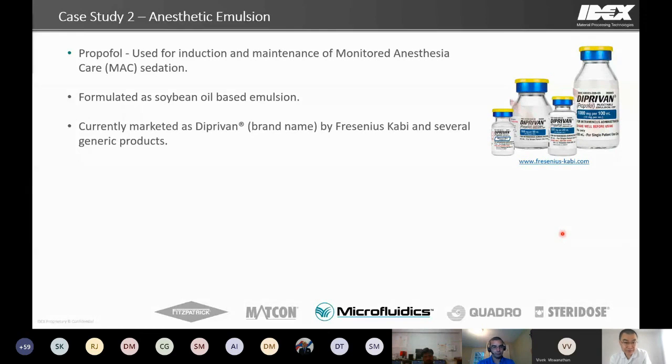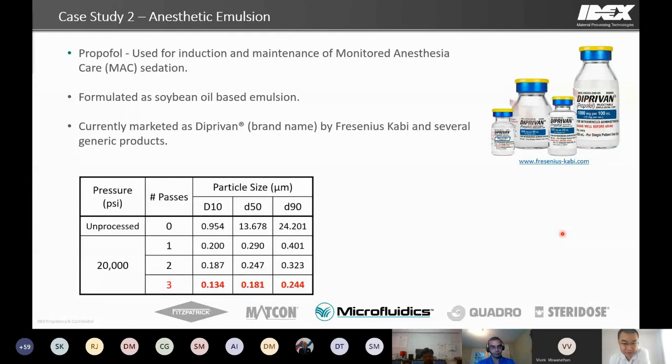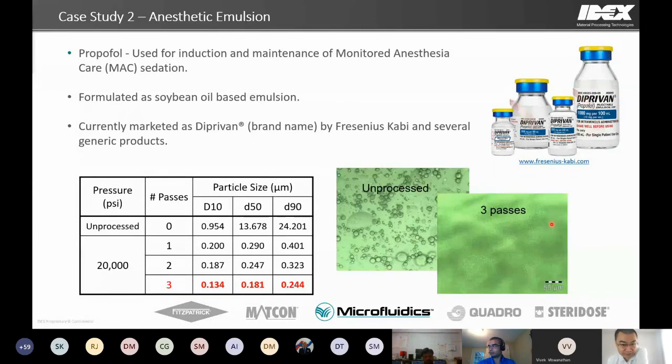So let me show you quickly the processing results of propofol emulsion by the microfluidics processor. You can see from the results here, both the microscope images and the table, that the microfluidics processor can efficiently reduce the particle size of this emulsion.